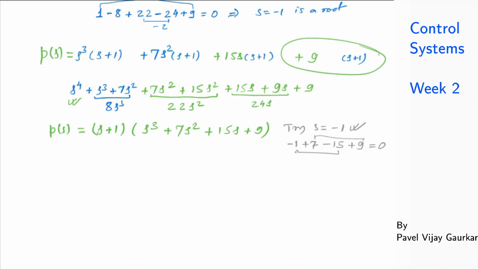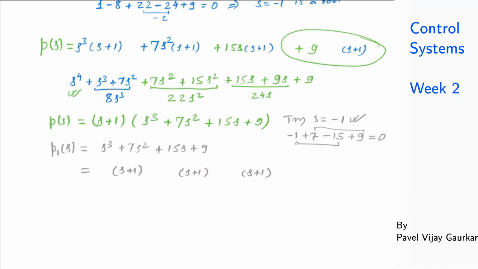So now let us define p1 of s as s cube plus 7s square plus 15s plus 9. We want to get this using s plus 1 as a factor. If we multiply here by s square, we'll get the s cube term, and we will have an s square term.